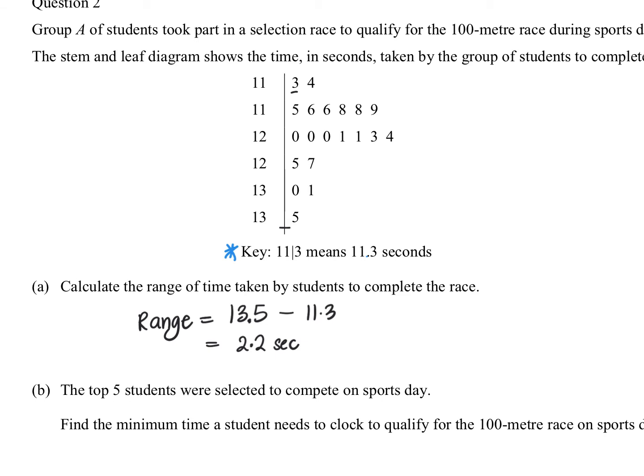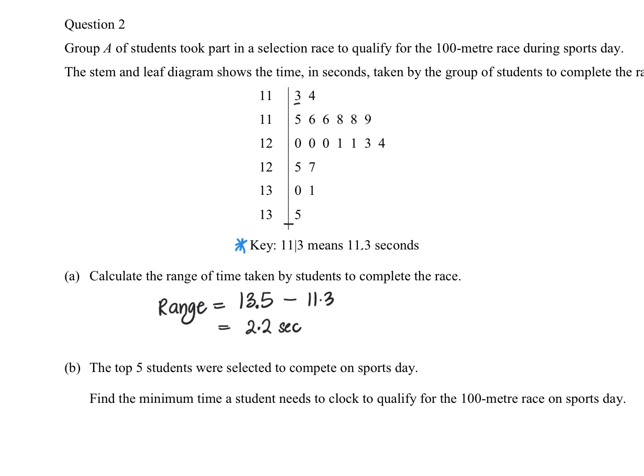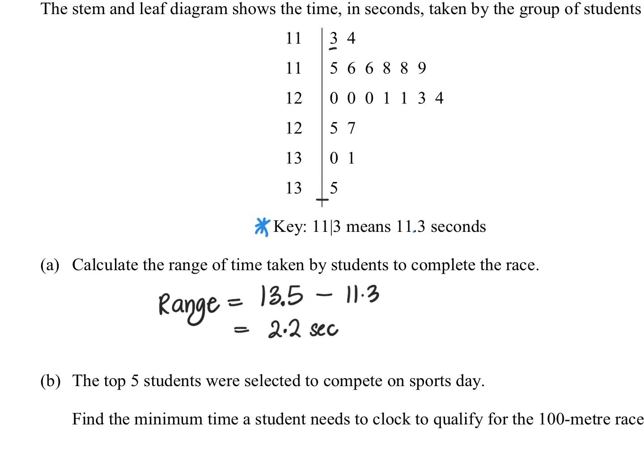Alright, next one. The top 5 students were selected to compete on sports day. Find the minimum time that you need to clock to qualify for the 100-meter race on that day. So only the top 5 students. Now usually when we look at a stem and leaf diagram, for example marks or other sets of data, we want the value to be as large as possible to be considered good.